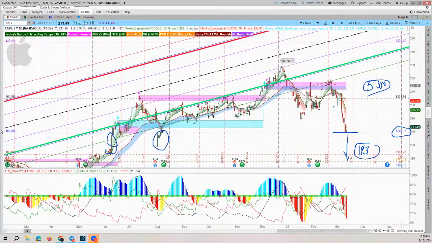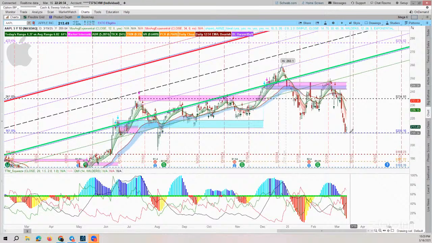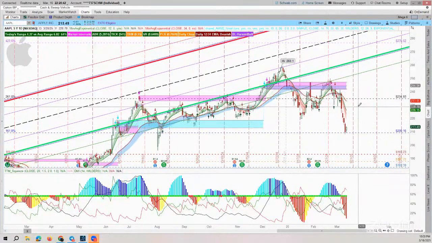And if market starts to go higher, 209 should be your base and you will find resistance at 213 and 218.